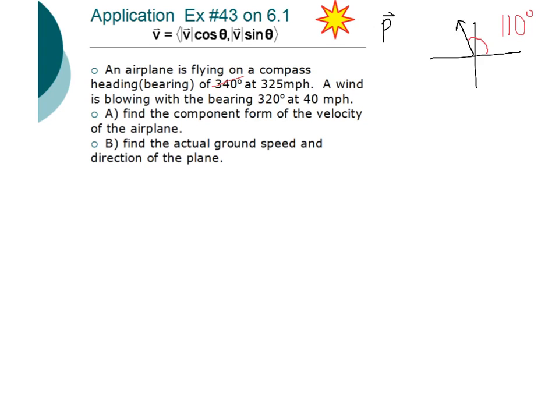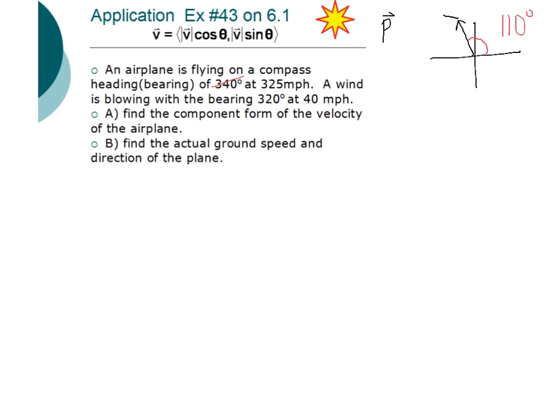The problem is there's a wind that's going to blow it off course, and that's not really what the plane is going to do. We have a wind, and we're going to draw this like a geometric vector, where at the tip of the plane vector is the tail of my wind vector. My wind vector has a bearing of 320, a little less than what my plane is doing, so it's going to look more like this.